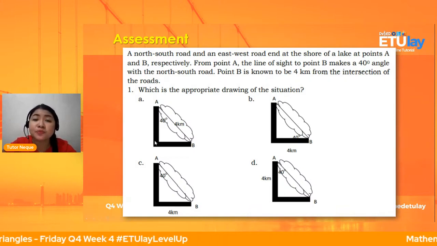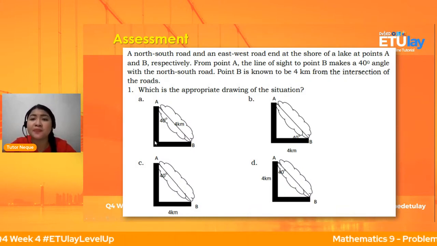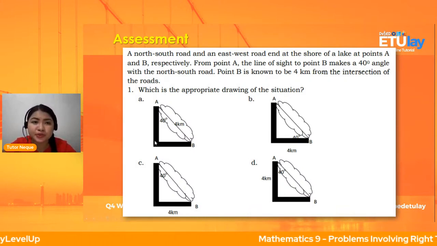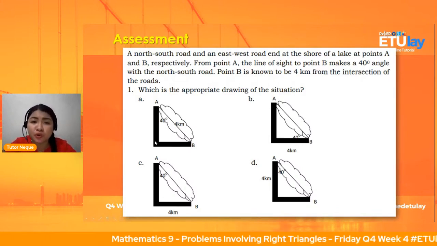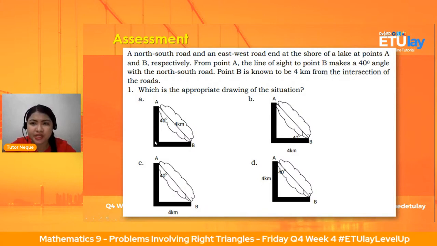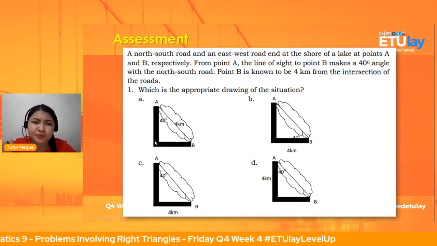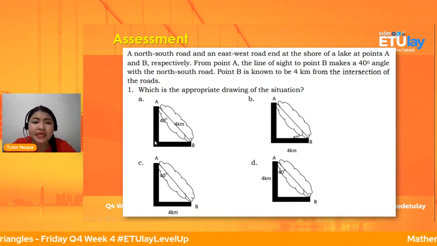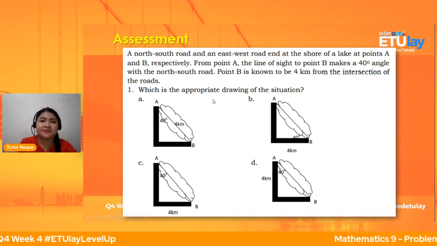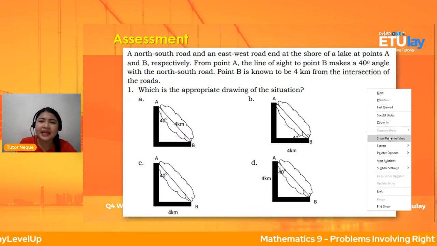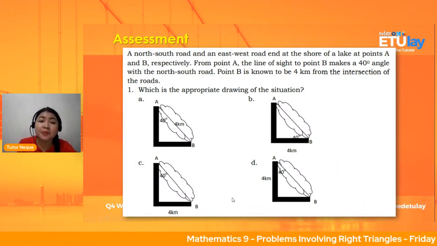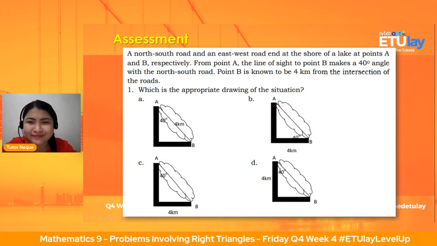Point B is known to be 4 kilometers from the intersection of the roads, which is the appropriate drawing of the situation. Ano kaya yung pinaka-appropriate dito? Is it A, B, C, or D? Ano kaya ang pinakatamang illustration sa ating word problem?